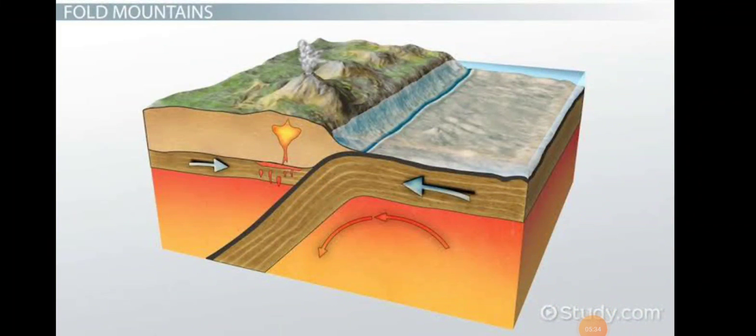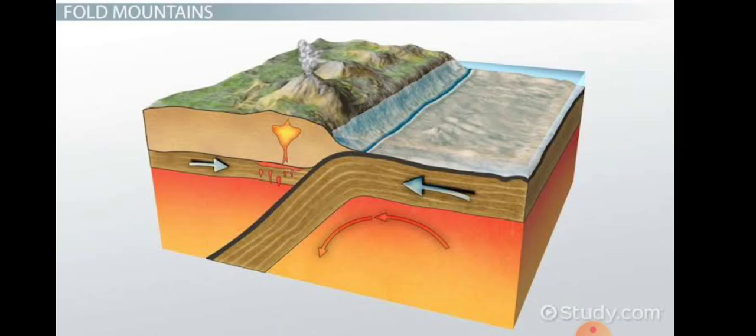This is the picture of a fold mountain and how the fold mountain is formed and how it is created by natural forces. Fold mountains are created where two or more earth tectonic plates, here you get the right and the left side, the tectonic plates are pushed together at these colliding and compressing boundaries.